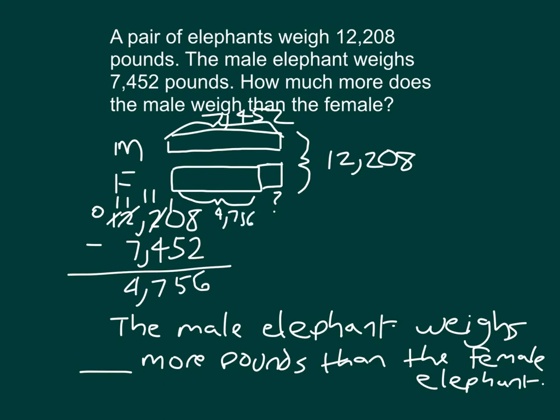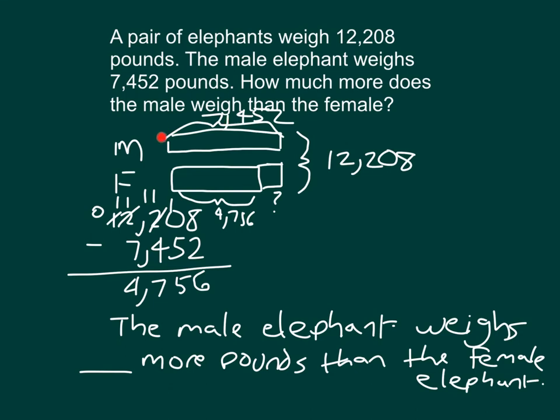So we label that into our tape diagram. Again, we took the total combined weight and we subtracted the 7,452 that the male weighed to equal 4,756 pounds for the female elephant. What's the question being asked again?